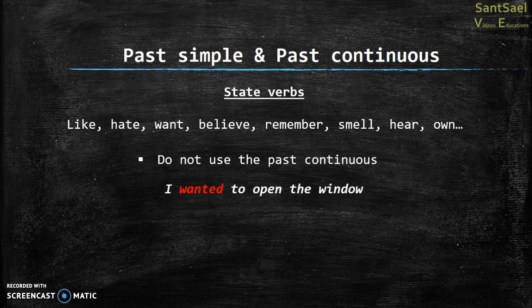Because they have a continuous meaning. For example, I wanted to open the window. Want has a continuous meaning, so we cannot use the past continuous with them. For example, the food smelled really great. It can only be used in the past simple.